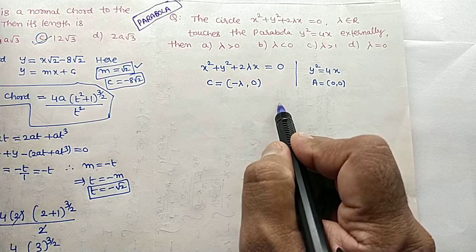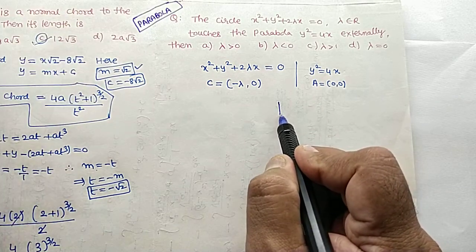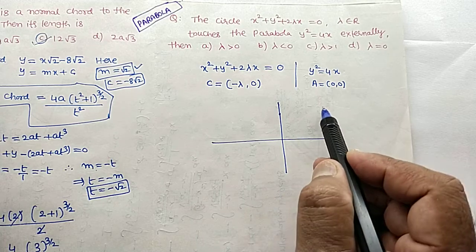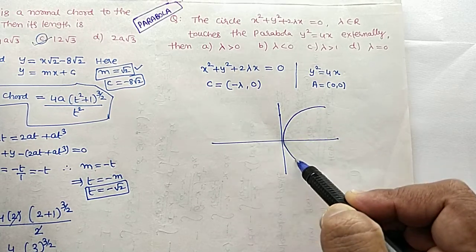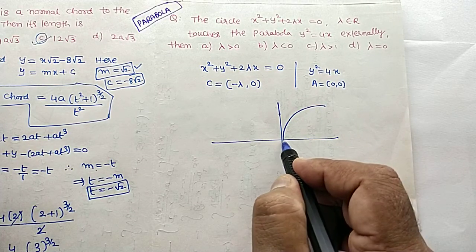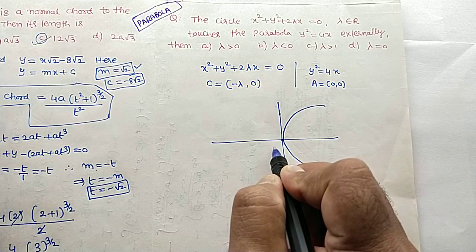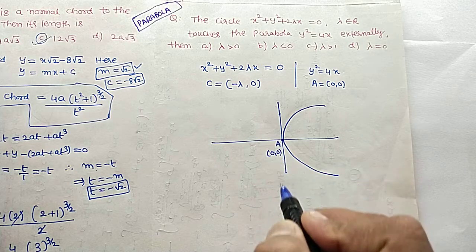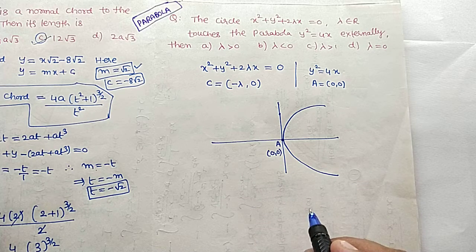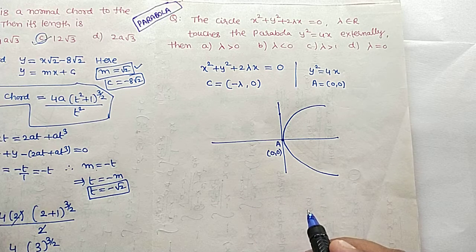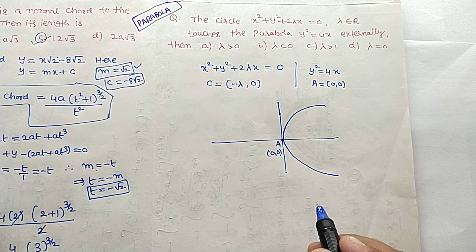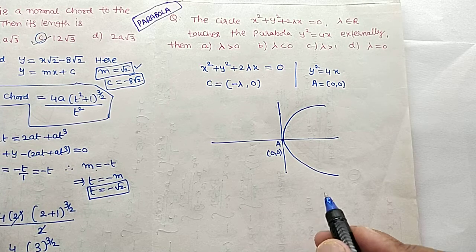Y square equal to 4x means the standard equation of parabola. So this is the vertex, 0 comma 0. The circle touches externally, and its center lies on the negative x-axis.